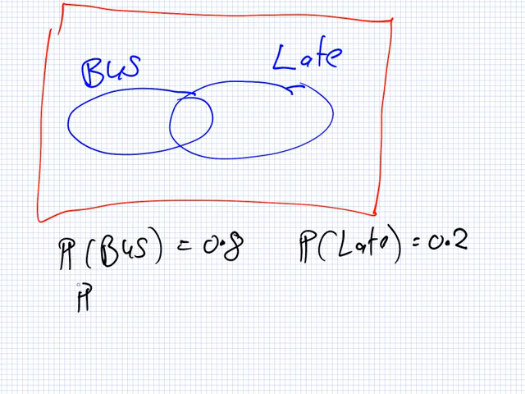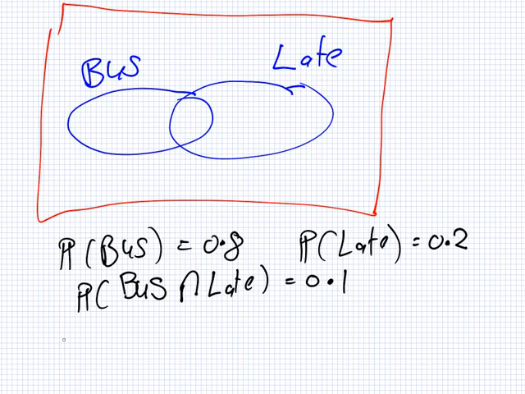So the probability that somebody takes the bus and is late is 0.1.